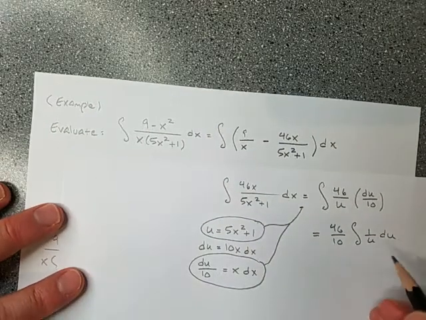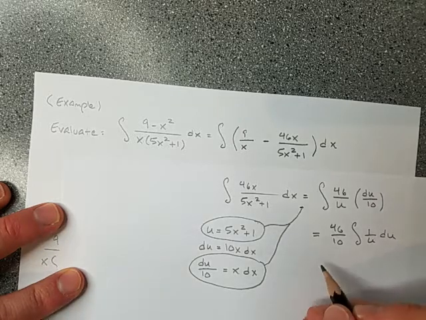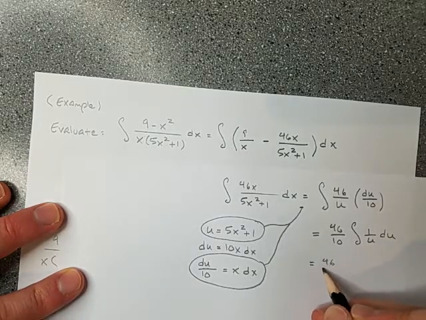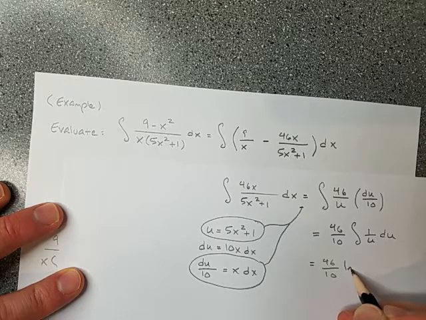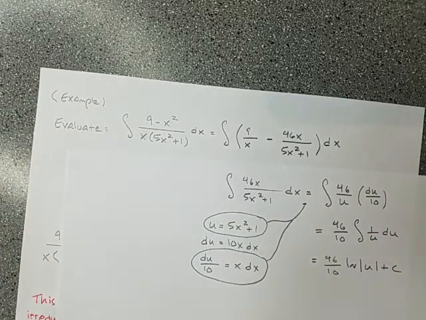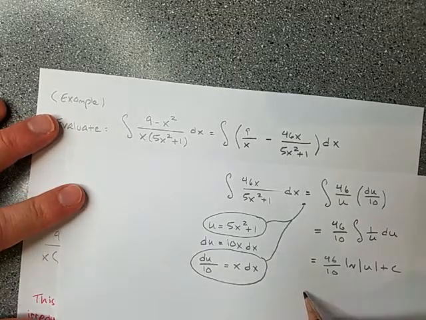And then that's the form I was looking for, something I recognized. So that's going to be 46 over 10 natural log absolute value of u plus c. Right? Okay, so that's what we are hoping for, something like that. One more thing.